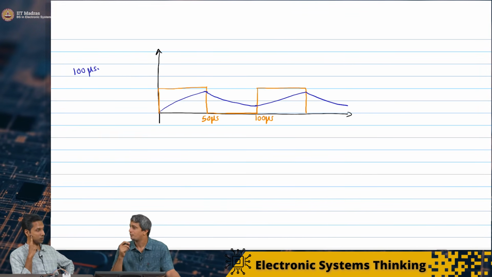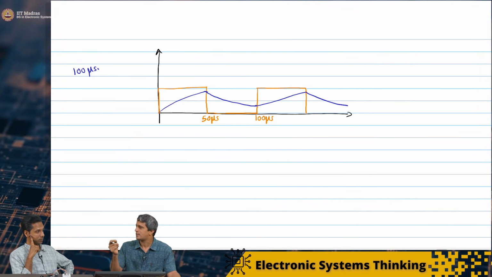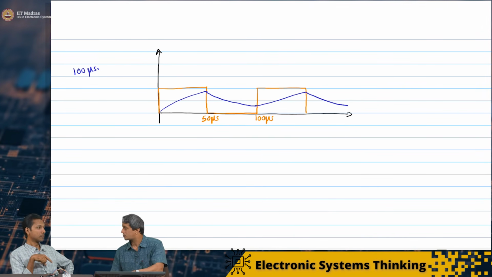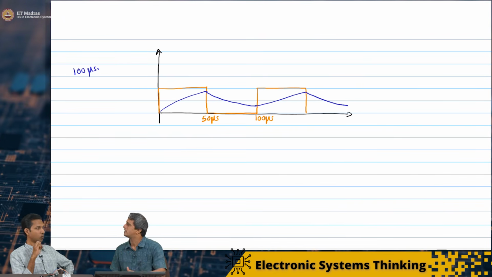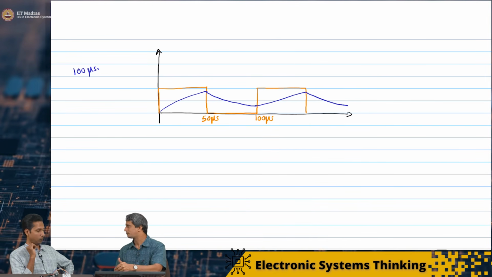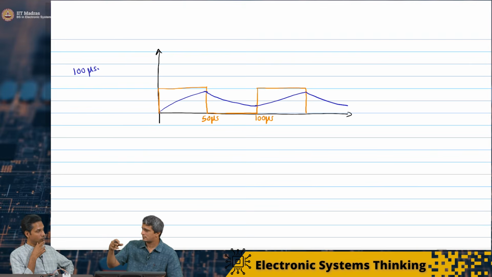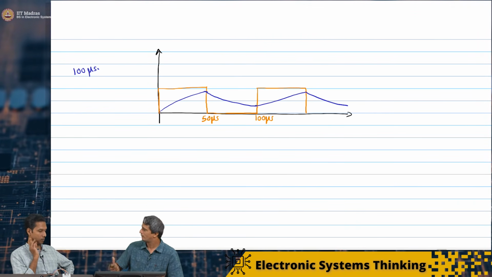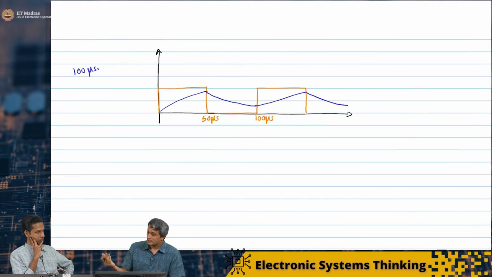If I for example had a capacitor that was initially charged to 1 volt, and then I grounded the resistor, it would exponentially discharge down to 0 as Vm times e power minus t by RC. That's an exponential drop, right? So that's an interesting point.